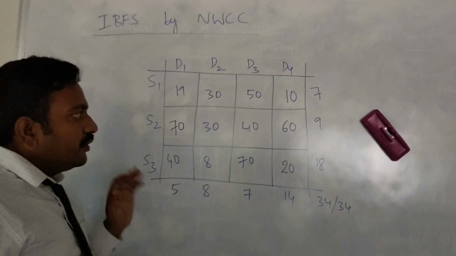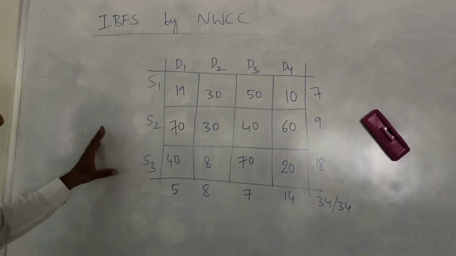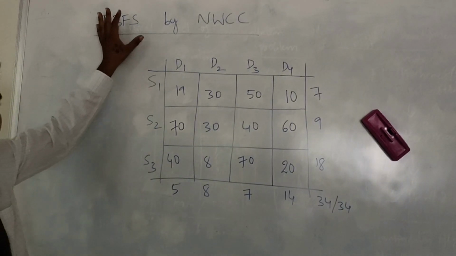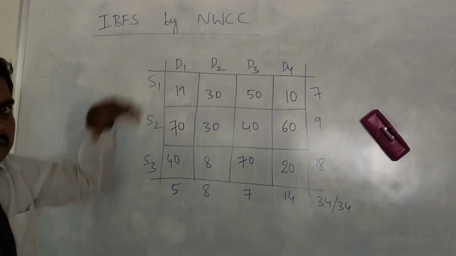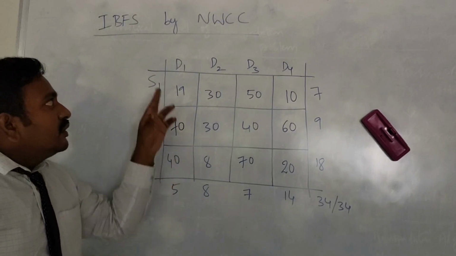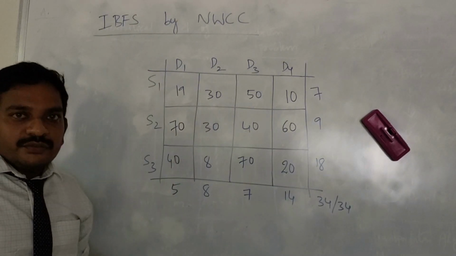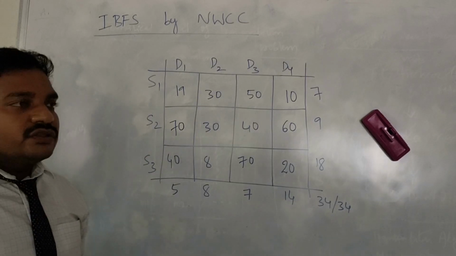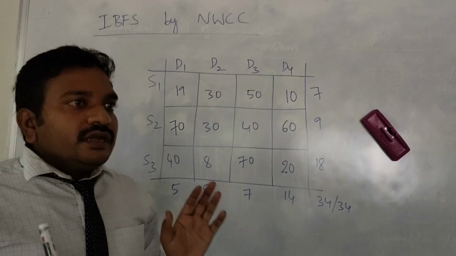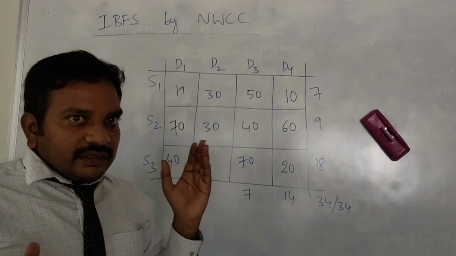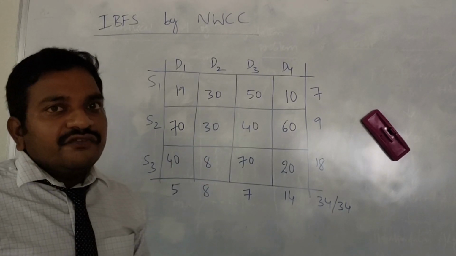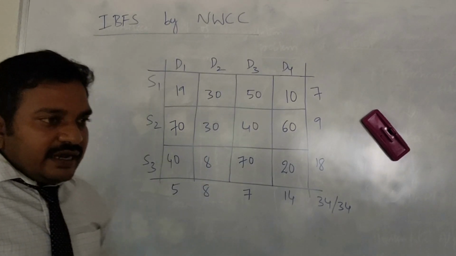In this video, I'm taking one example of finding out initial basic feasible solution of transportation problem by using northwest corner cell method. It is the basic method of finding IBFS. Let's see how it works.